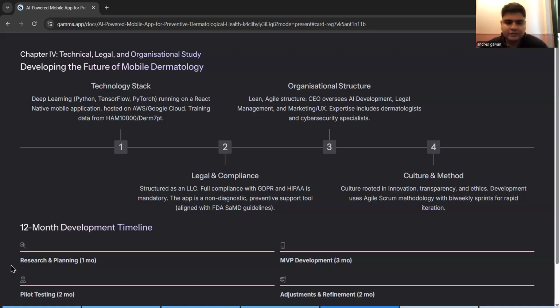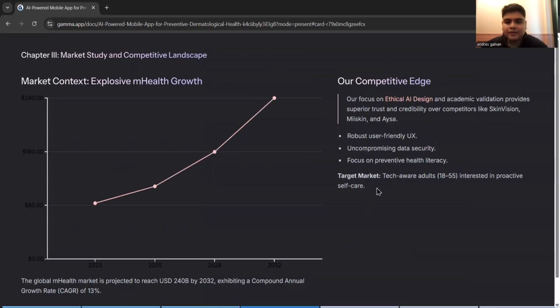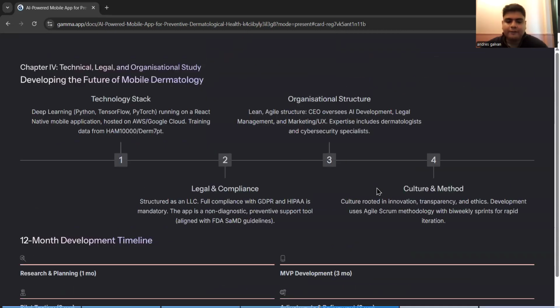First is the research and planning, which is 1 month. Then the MVP development, which comes from Figma, then the prototype. From that prototype, we will make the MVP. Then the pilot testing, where we show it to our clients, our target market.